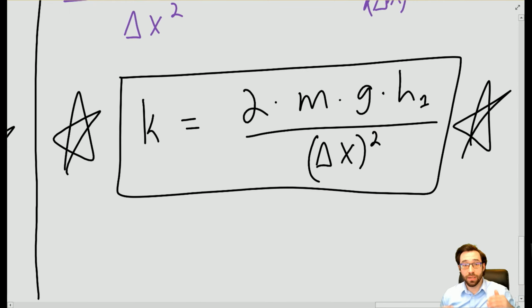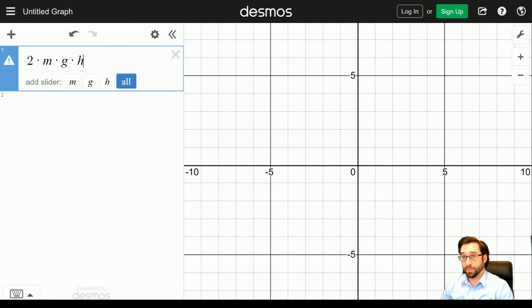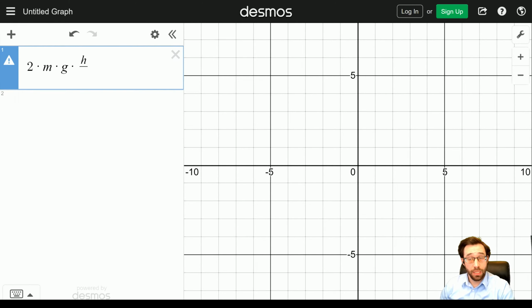If I try to divide, watch what happens in Desmos. If I hit divide, it only goes under the h. Now technically this is still mathematically correct, but we want to make sure that it looks exactly like it, just to guarantee that the order of operations is done properly.